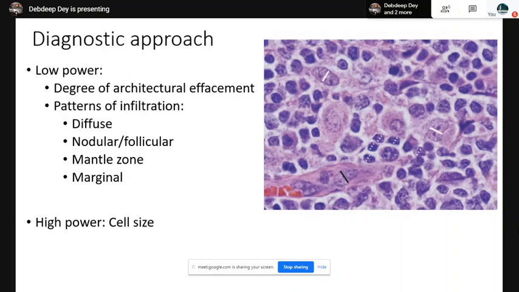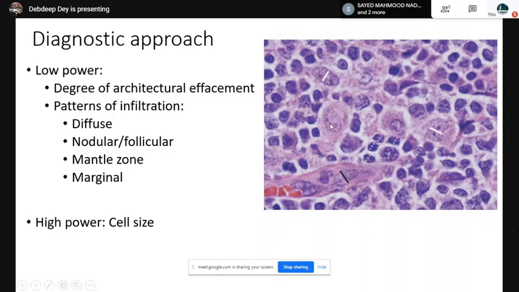Now then we have to assess what is the pattern of infiltration. Is it diffuse or is it nodular or follicular? Is it a mantle zone or is it marginal? And then we have to assess the cell size. For this, we have to compare each lymphocyte. As you can see here, these are the lymphocytes, along with the endothelial cell, which is here, or a histiocyte, which is here.